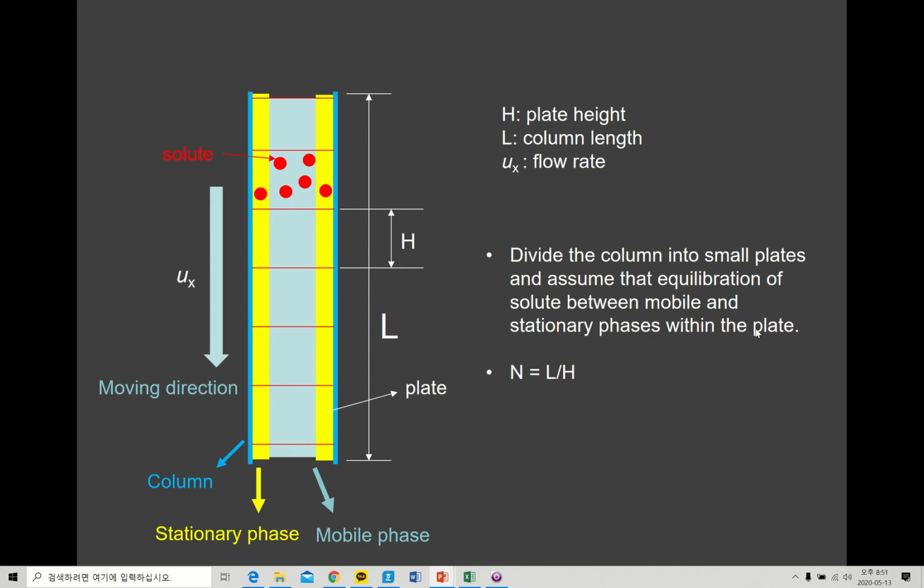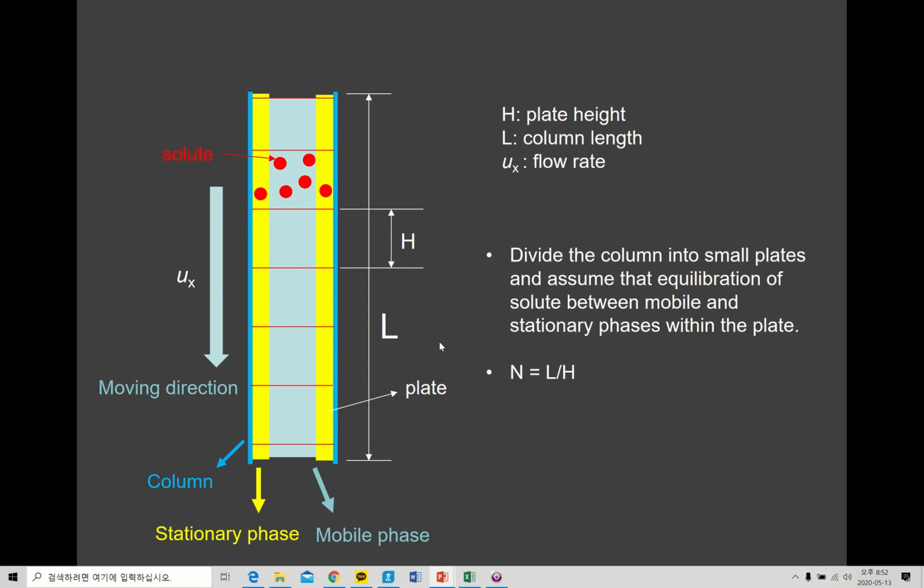And here this plate height is H, and since the total length of the column is L, if we divide L by H, that gives N, the plate number. When the plate number is large, that means there are many equilibrations of solute until it comes out of this column. That's the concept.